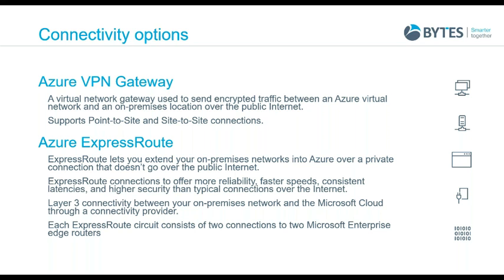Beyond that, you then have ExpressRoute. So unlike a VPN gateway, which goes over the public internet, an ExpressRoute is actually a private, dedicated connection between an infrastructure and Microsoft Azure or Microsoft's edge routers.